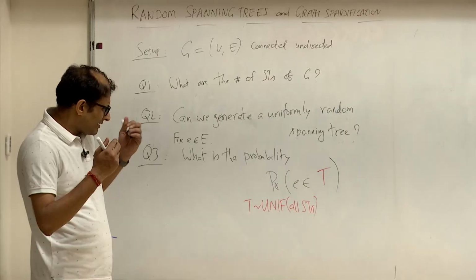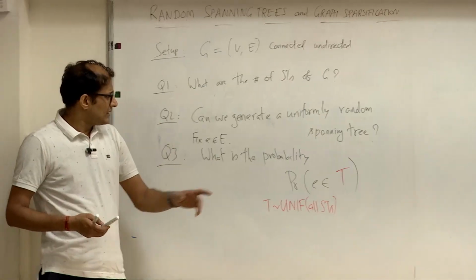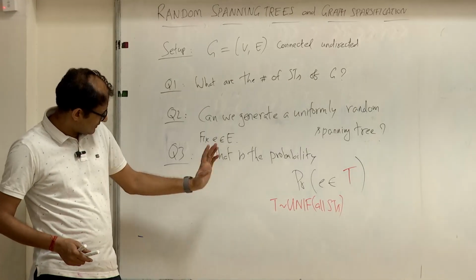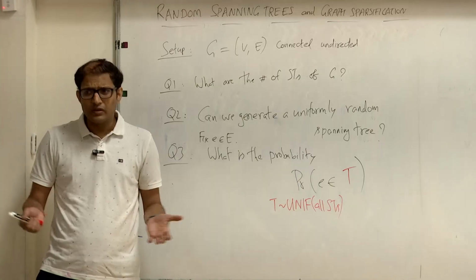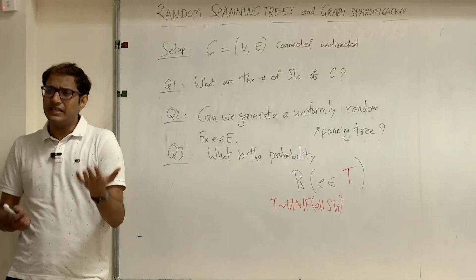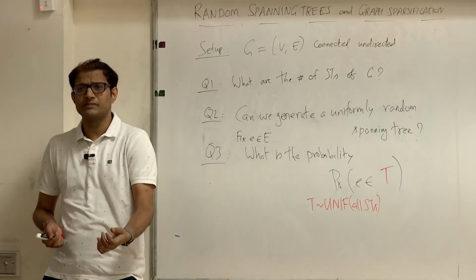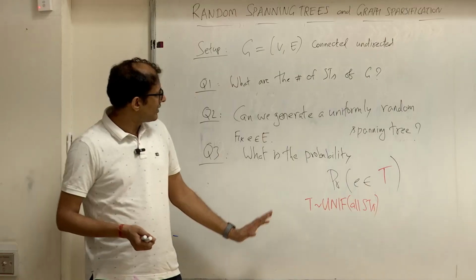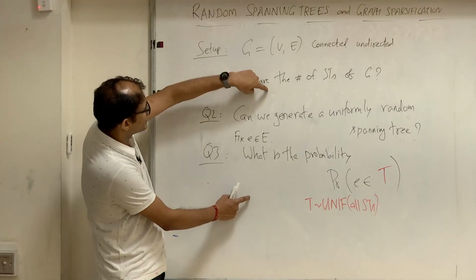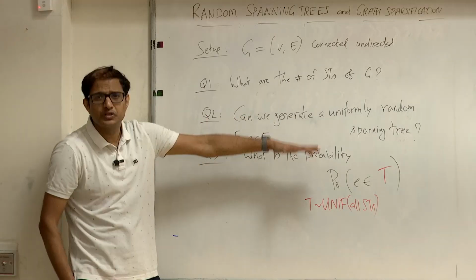So your reflex should be something like this: if I have a primitive that can solve task number 3 for me, that is, for every single edge, I could give you a list of values P sub E, where P sub E is the probability that this particular edge gets picked by a random spanning tree. I claim that with question 3 and question 1 in your hand, you can get question 2. So 3 and 1 kind of squeeze 2, right?